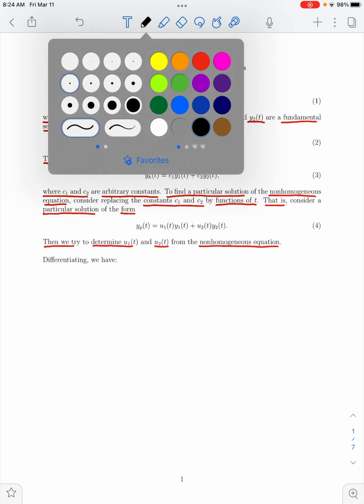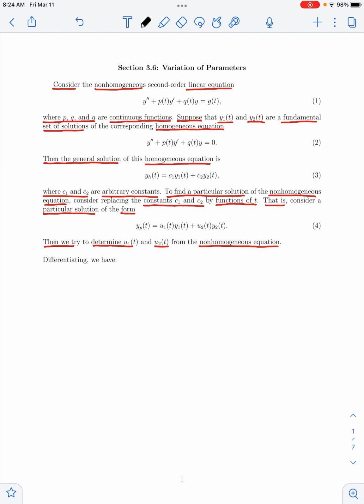So let's start by finding our first derivative of this particular solution, yp prime. So using the product rule, we would have u1 prime y1 plus u1 y1 prime plus u2 prime times y2 plus u2 y2 prime.